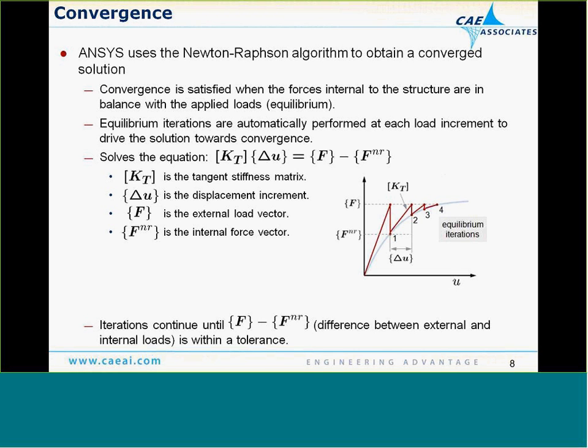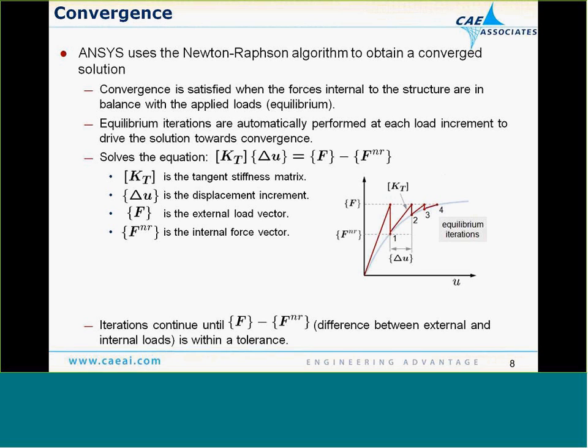Now, ANSYS uses a Newton-Raphson algorithm to obtain a converged solution. So what it's doing here is it's trying to balance the internal forces inside the structure with the applied external loads. And because the equations are solved using linear equations, it has to constantly update the tangent stiffness matrix as it's solving.